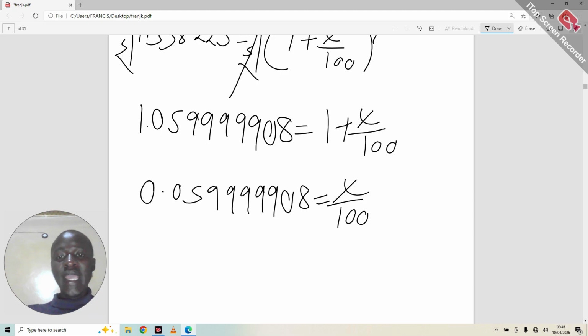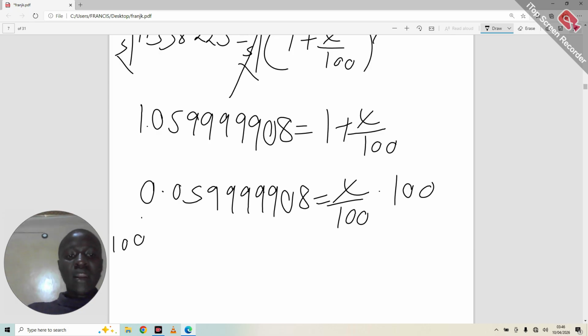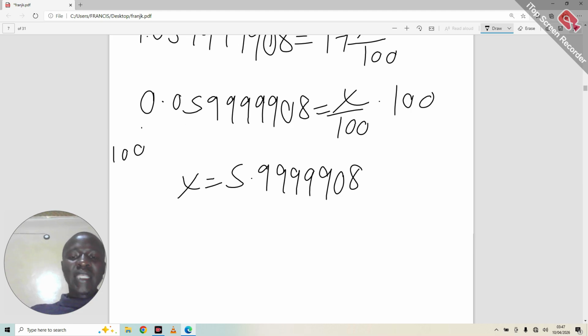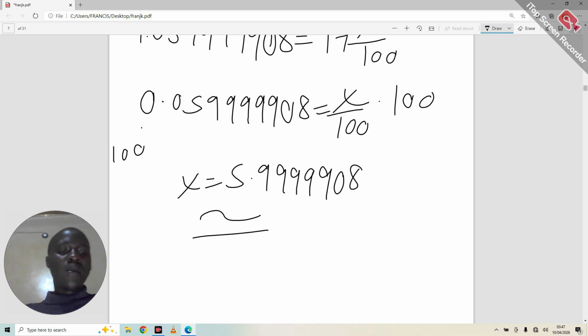How do I get the value x? Multiply both sides by 100. So having that, we have the value x as 5.9908. Remember what x was? X refers to our rate. Now x can be easily rounded to the nearest whole number, or approximated.